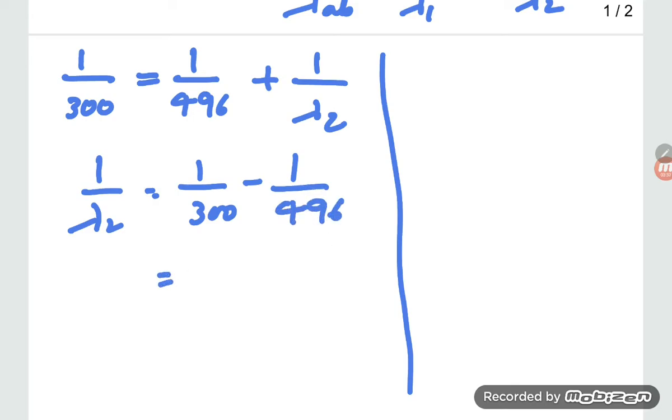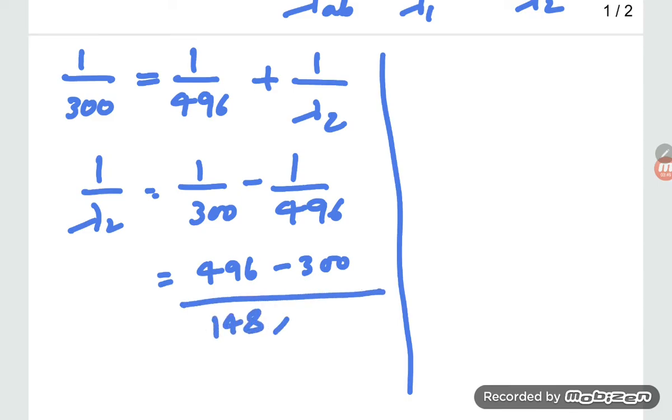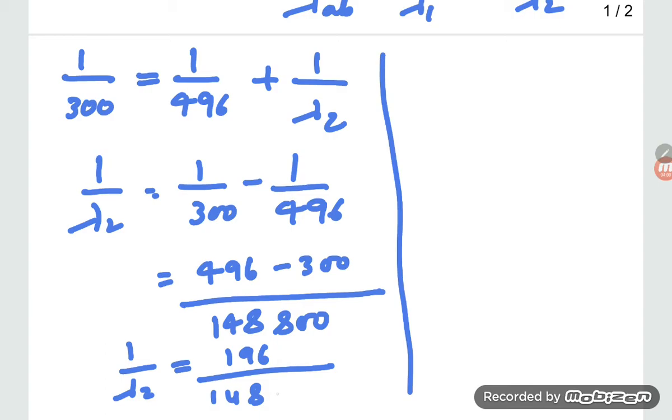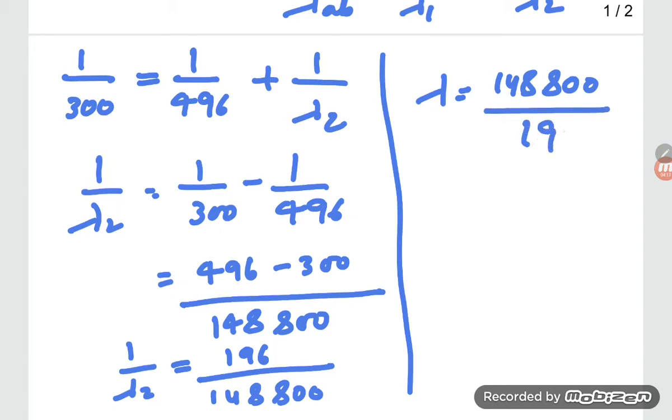Cross multiply: 496 minus 300 is 196 in the numerator, and the denominator is 300 times 496, which is 148800. So 1 by lambda 2 is 196 upon 148800. Cross multiplying again, lambda is 148800 upon 196.